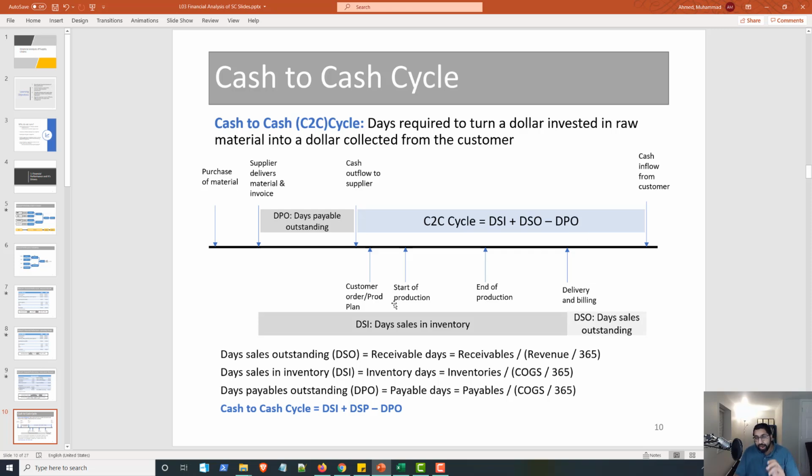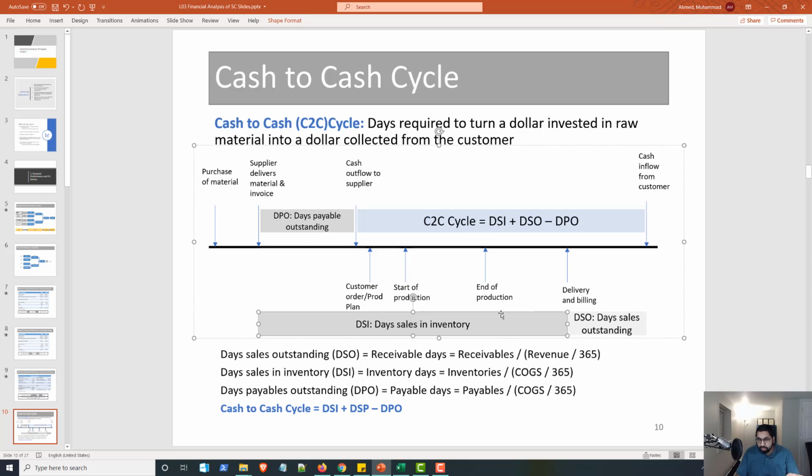Now you add the inventory days to the days sales outstanding. This is your working capital requirement, because from the receipt of materials till you receive cash from the customer, either you have to finance your inventory or you have to finance the customer's purchase because the customer hasn't paid you yet. So all of this time below you need working capital for.